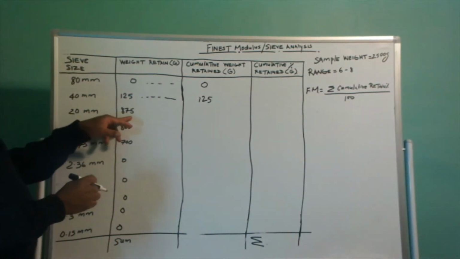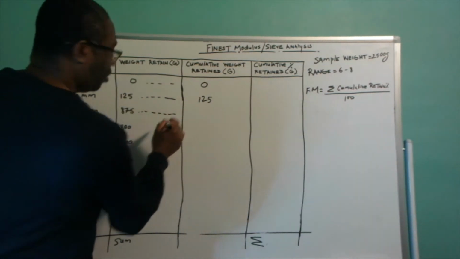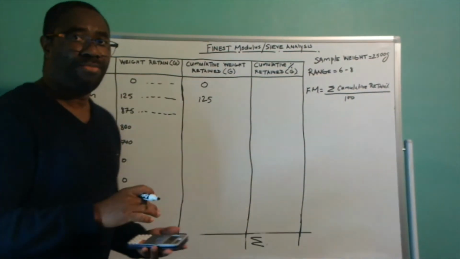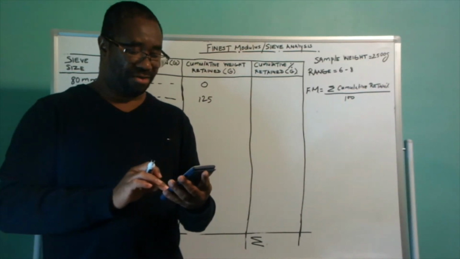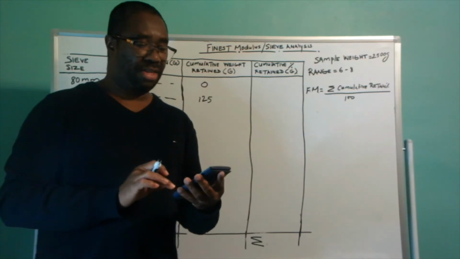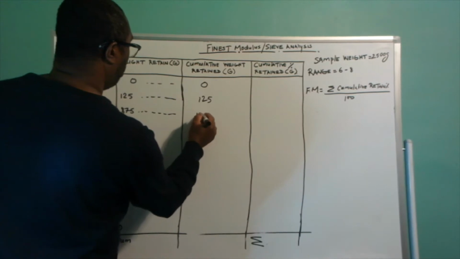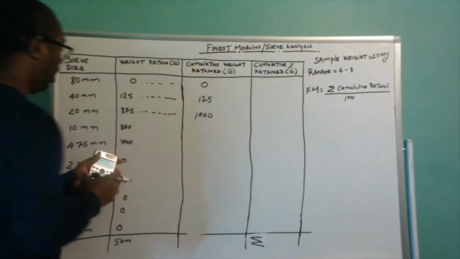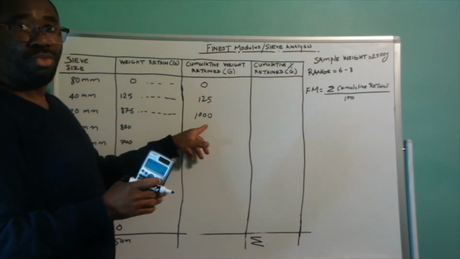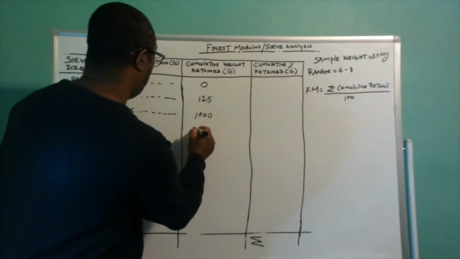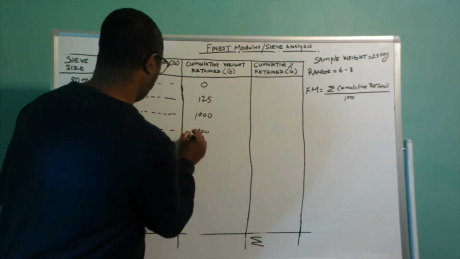Then this 875, we had to add it to this 125. So it is going to be 875 plus 125. That is going to be 1,000, right? And this 800 grams, we're going to have to add it to this 1,000 grams, which works out to be 1,800, right?